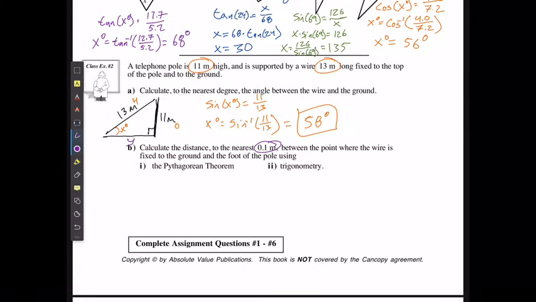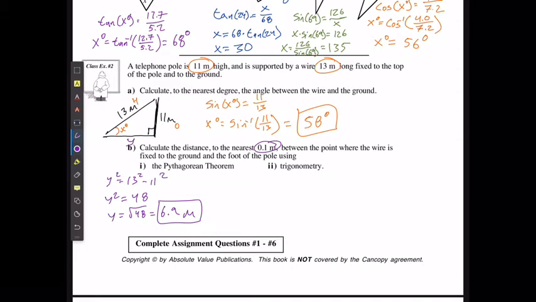Because this is the hypotenuse, I'm going to say that y squared is equal to 13 squared minus 11 squared, or y squared is equal to 48. y is equal to the square root of 48, which is going to give me 6.9 meters.